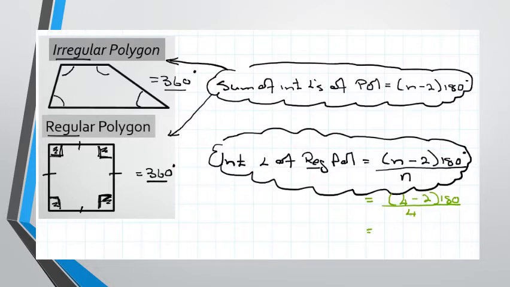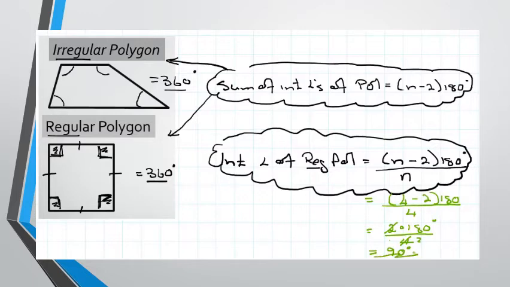Therefore I'm going to have 4 minus 2 being 2, multiply 180 degrees, divide that by 4. 2 divides into 4 two times, and I see now 180 divided by 2 leaves me with a value of 90 degrees.